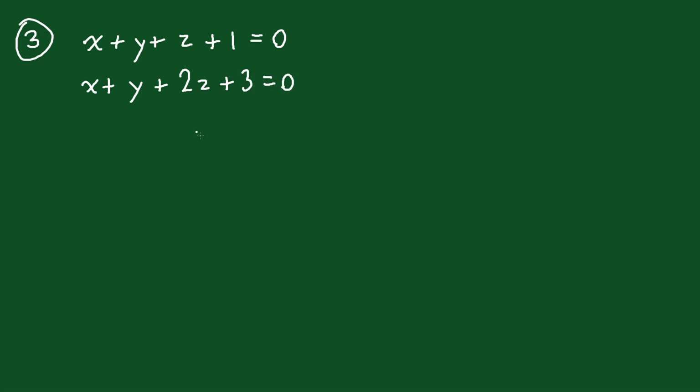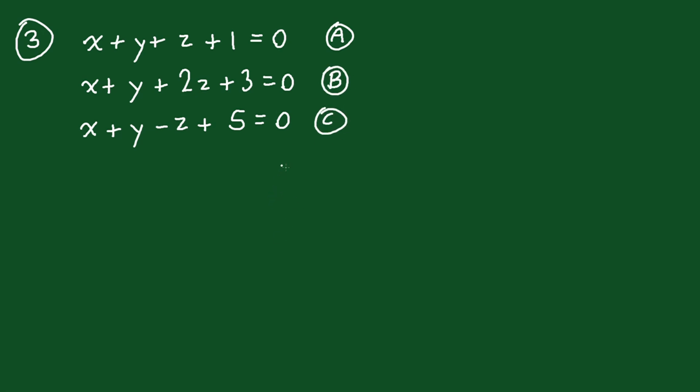Example 3. Say we have the planes x plus y plus z plus 1 is equal to 0. We also have x plus y plus 2z plus 3 is equal to 0. And we have x plus y minus z plus 5 is equal to 0. And again, I'll label these A, B, C. We'll do some elimination.